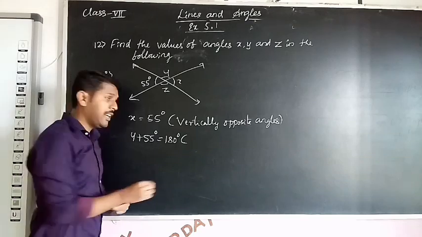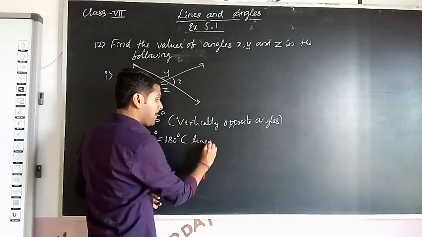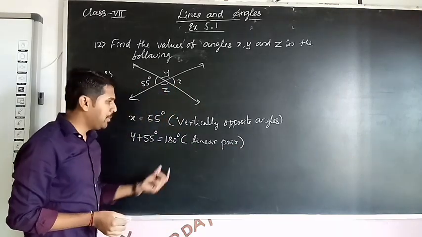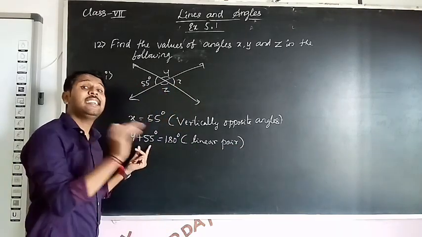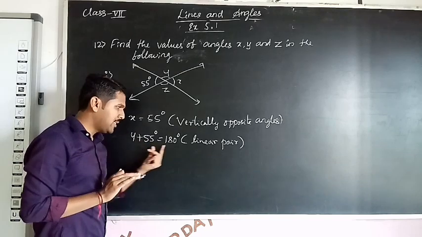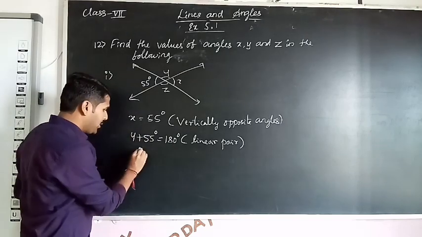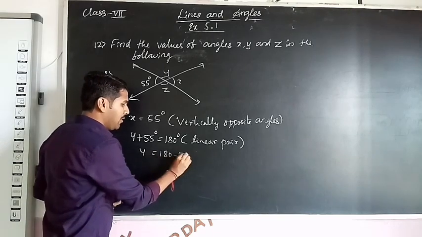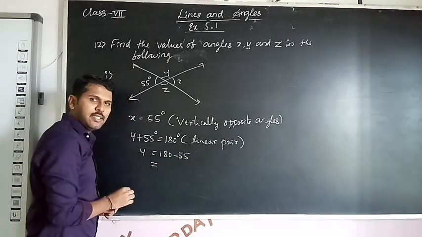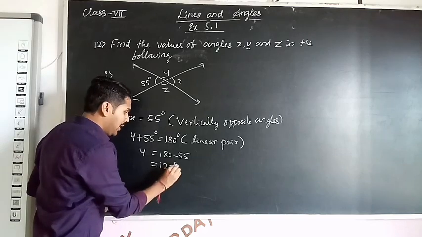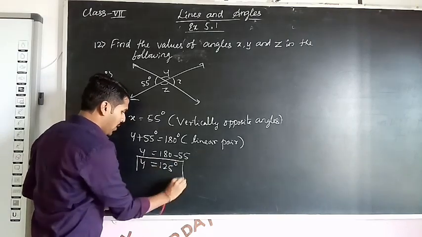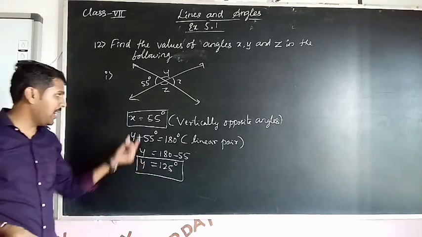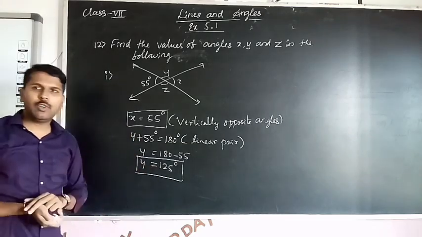Write the reason in a bracket: linear pair. Linear pair means the sum of two adjacent angles equals 180 degrees. So now find the y value: 180 minus 55. What will we get? 125 degrees. So the value of x is 55 degrees, and the y value is 125 degrees.